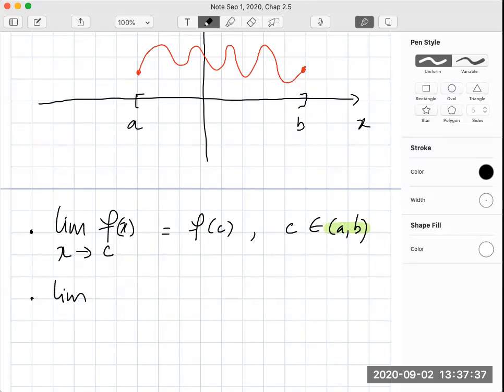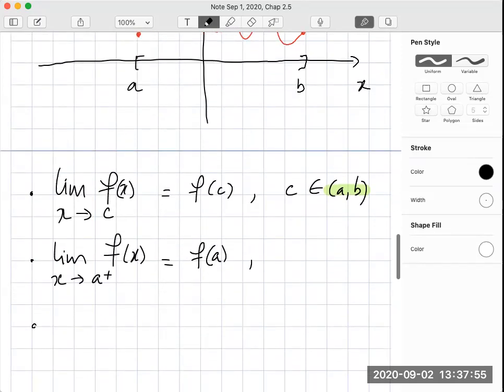And especially at the endpoint, f of x, when x approaches the right side of A, it should be f of A if it is continuous on this interval. Okay?